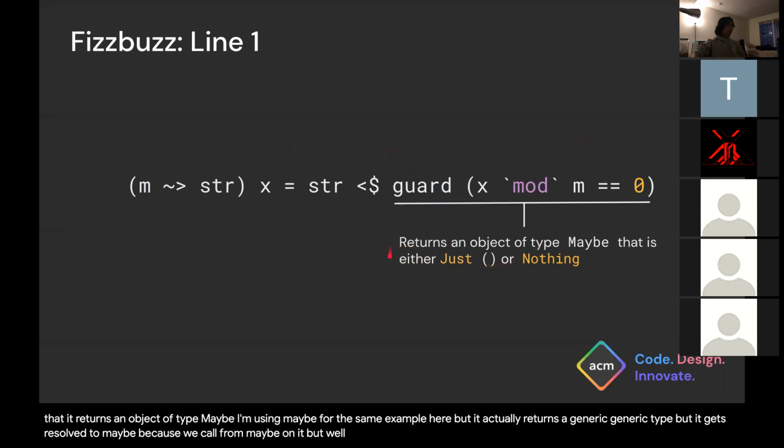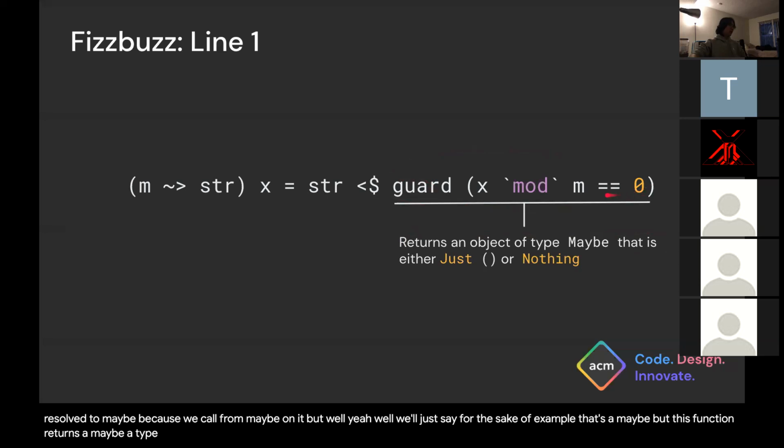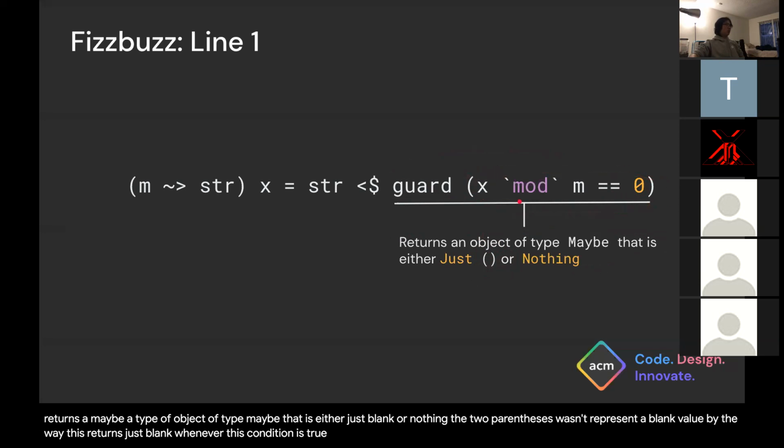But this function returns an object of type maybe that is either just blank or nothing. The 2 parentheses represent a blank value, by the way. So this returns just blank whenever this condition is true, or if this condition is false, then it returns nothing.